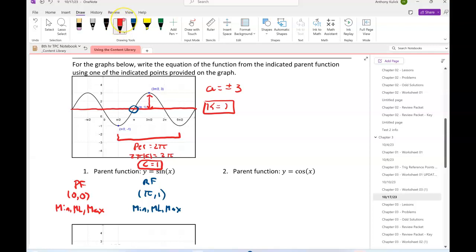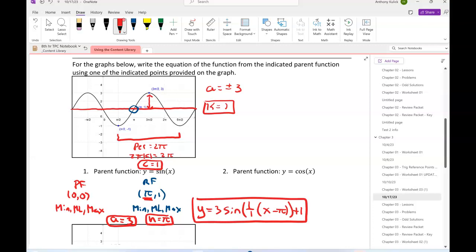Because those are the same kinds of points, both minimum, midline, maximum, the a value is positive. And because the x-coordinate on my resultant function is pi, the h should be pi. So my answer should be a times sine of 1 over c times (x minus h) plus k. And I'm done.